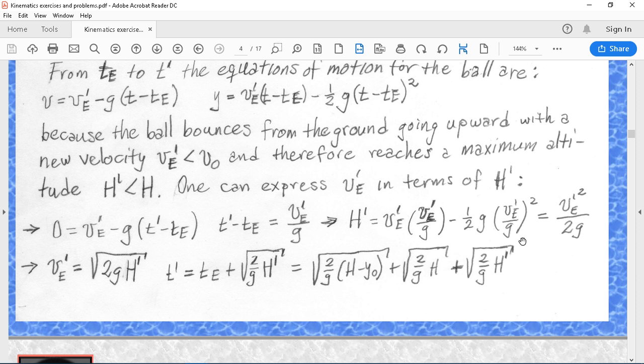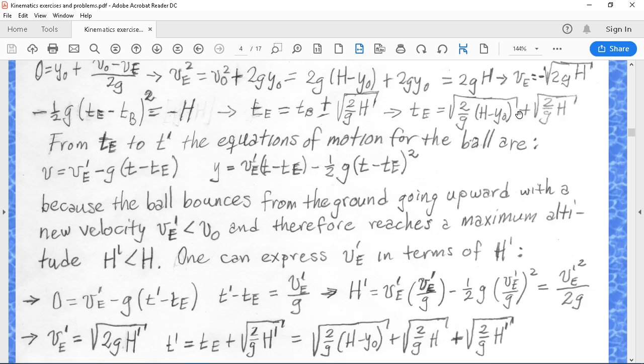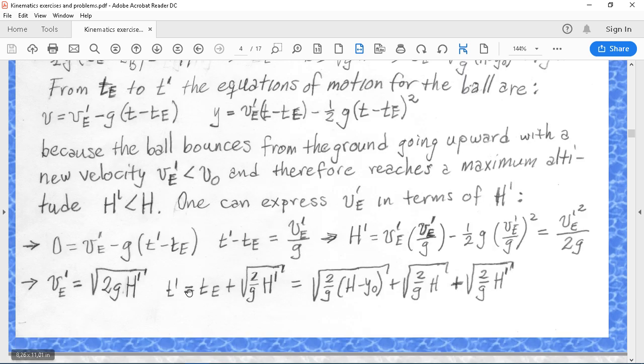That'll give us ve prime squared over 2g, which leaves us with ve prime equals square root of 2gh prime. T prime will be then equal to te plus ve prime over g, and we replace te here, and we get this expression for t prime.